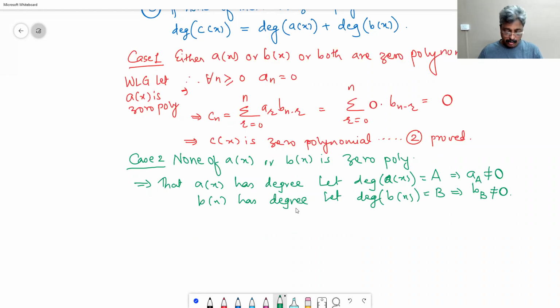After having done this, first we take point number 1, that is, c(x) is a polynomial over reals.